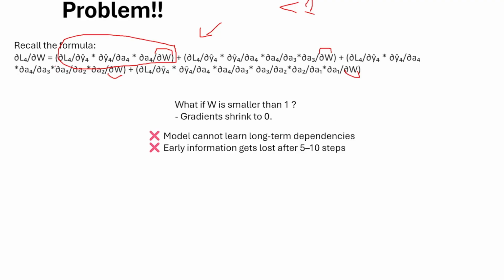These are only four steps. Imagine if there were 2000 steps or even more. So early information would get lost after approximately 5 to 10 steps in this particular case. This is what we call the vanishing gradient problem.